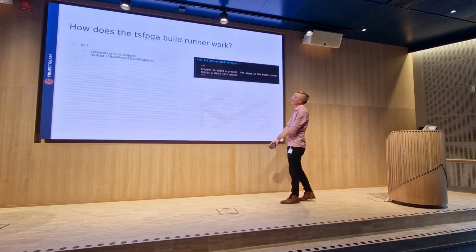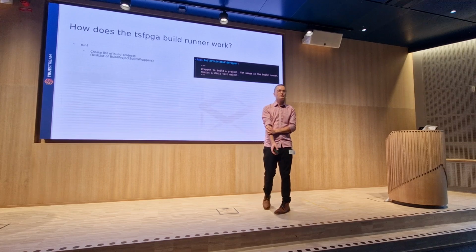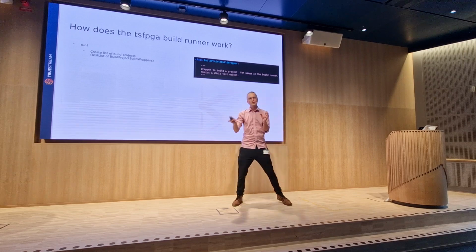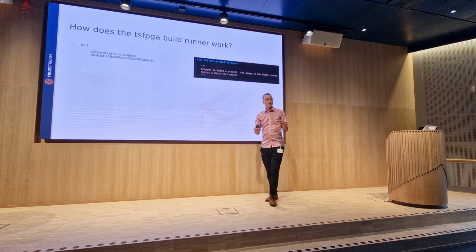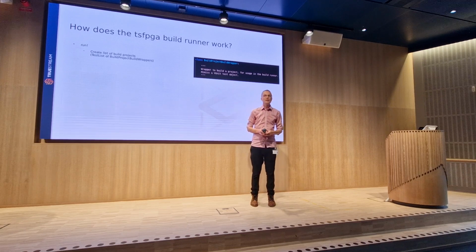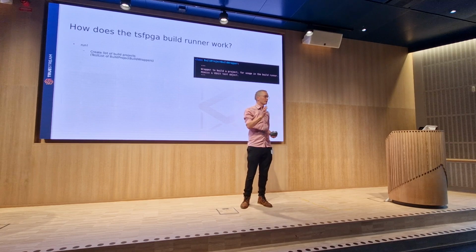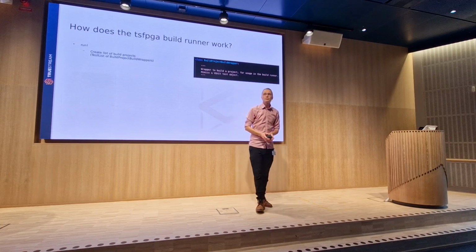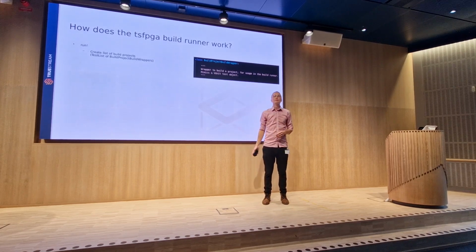So, how does the TS-FPGA build runner work? When you hit run, you create a test list. This time, the test is not a simulation, but the test is a build. So we need our own class, which is a build project. We already had that part largely, but needed to wrap it up in a way that mimics the VUnit test case and responds to the same kind of stimuli.